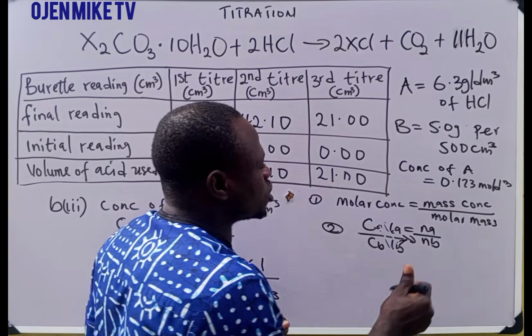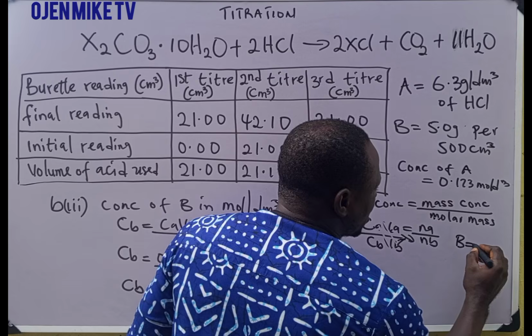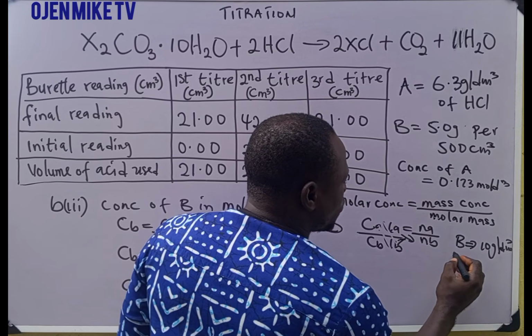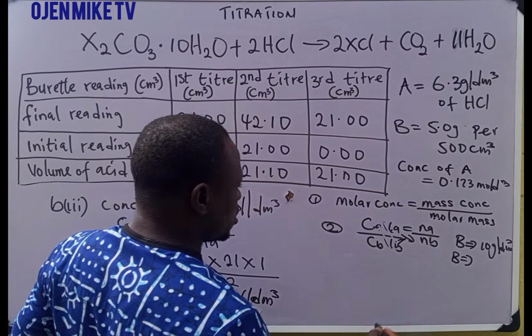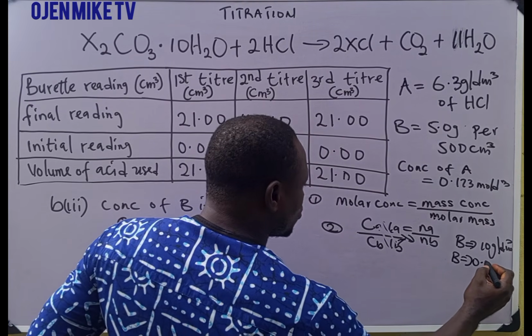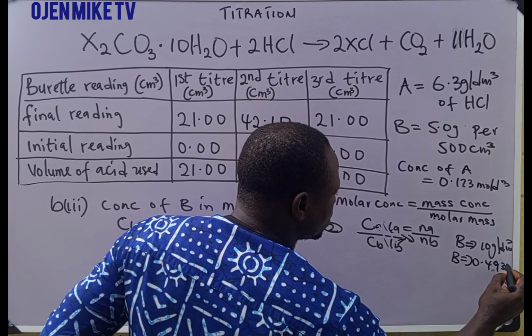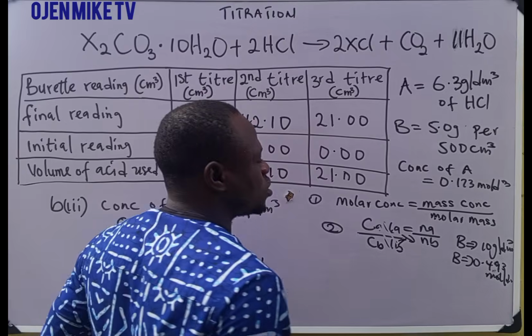Remember, our mass concentration of B is given as 10 grams per dm cube, while the molar concentration of B is given as, look at it here, 0.493 mole per dm cube. You get that?